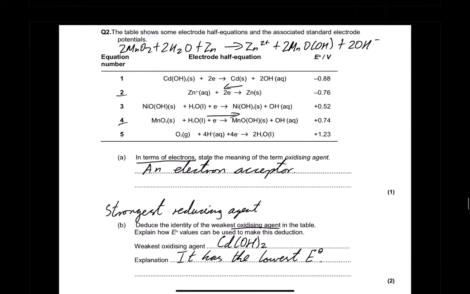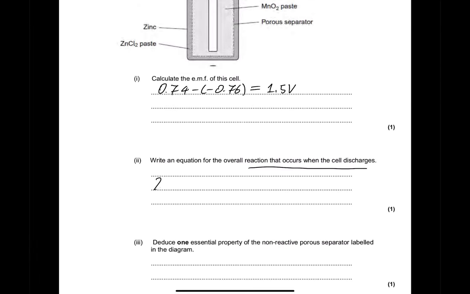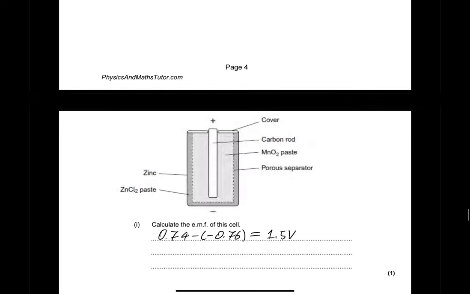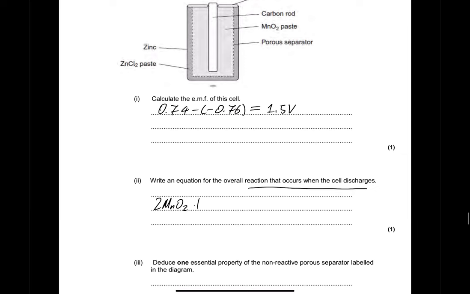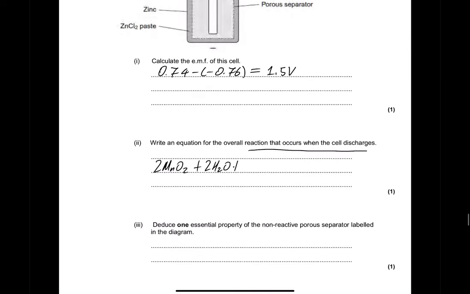So 2MnO2 plus 2H2O plus Zn goes to form Zn2+ plus 2 hydroxide ions plus 2MnOOH, if I'm not mistaken.